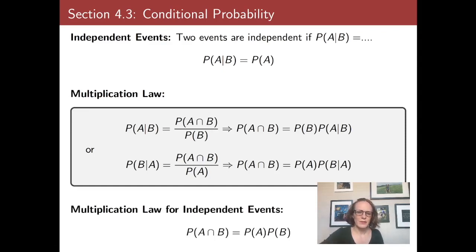Well, if I have two independent events, and if I look at this first line for my multiplication law, it has this probability of A given B. If A and B are independent, that's just the probability of A. So if two events are independent, then the probability of their intersection is equal to what we'd get if we multiplied the probabilities of each of them together.